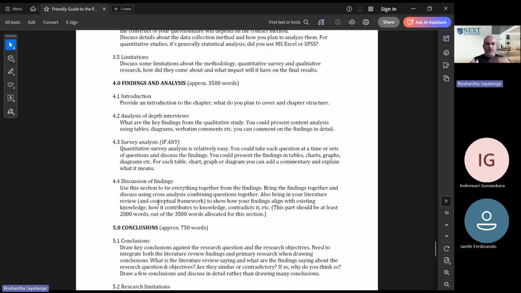You can do the correlations using SPSS also, and you can find more data points that you want to present. So even through SPSS, when you input the data and then you extract the information, you will have certain tables and charts that you can always present. Okay. And every table, chart, or diagram that you have, put a commentary.